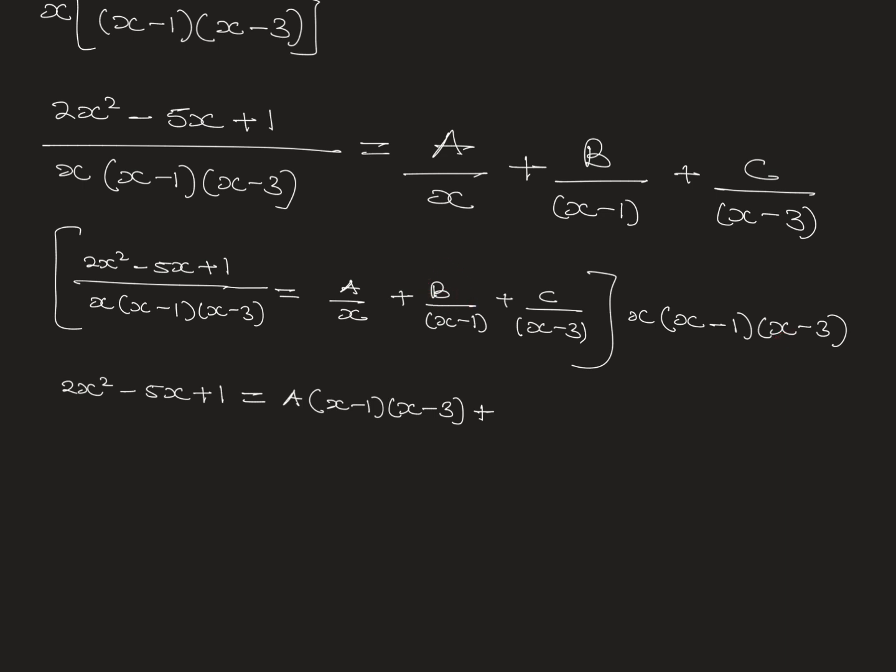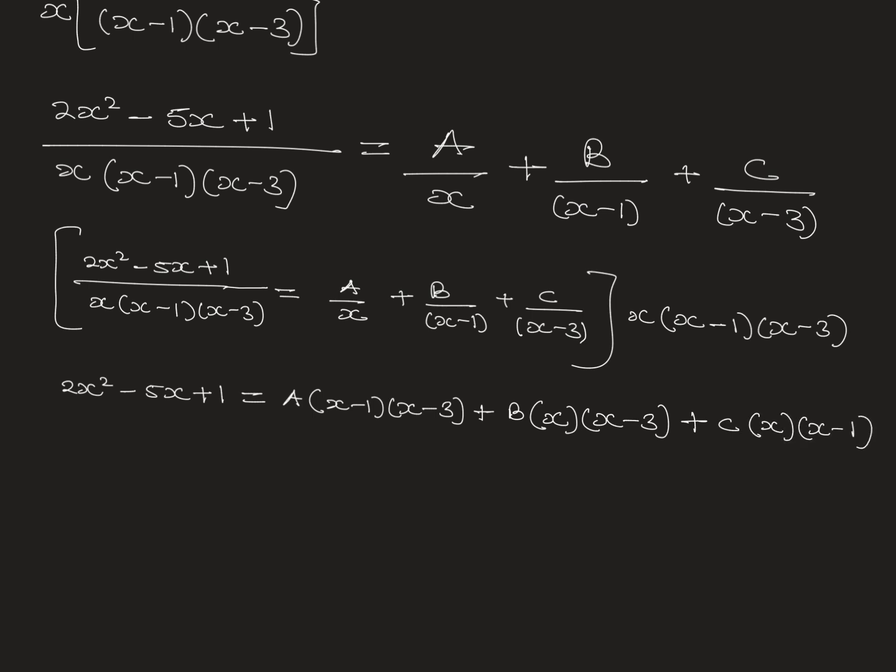So we're going to have b into x minus 3, plus, if this x minus 3 goes into the whole of this, the x minus 3 will cancel out. So we'll be left with x minus 1, which should be multiplied by c. So that's going to be c into x minus 1.